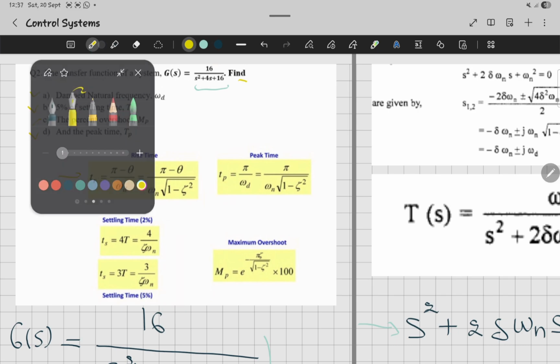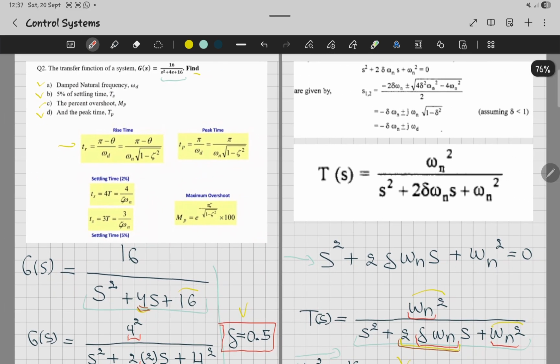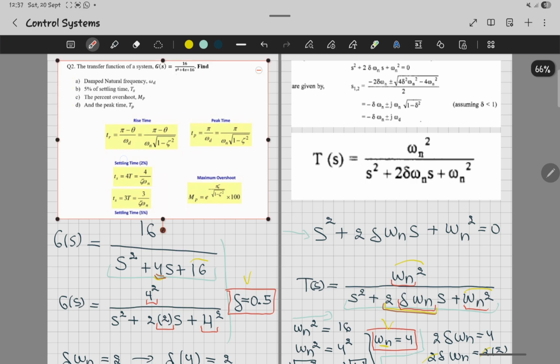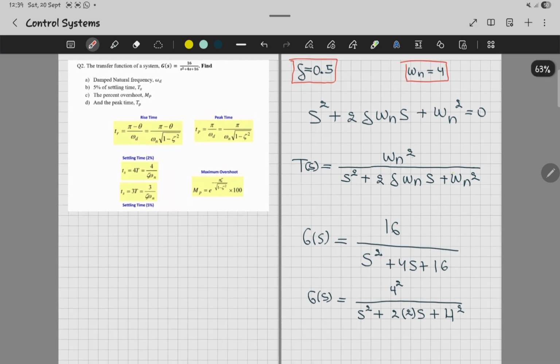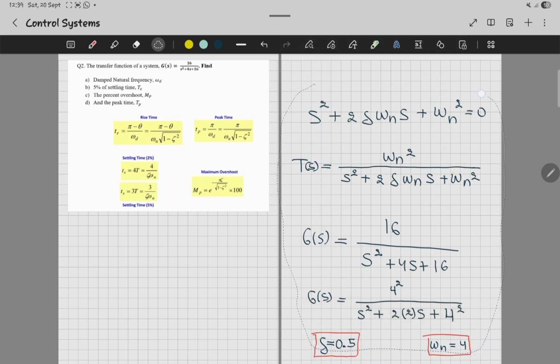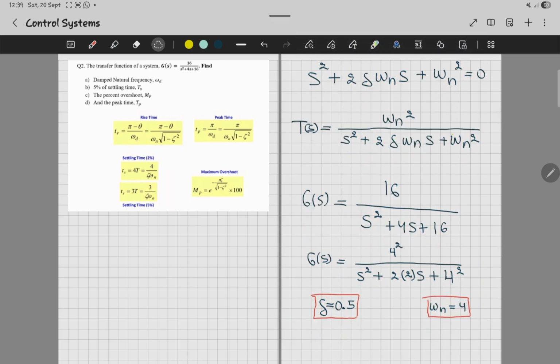Just to tell you which value you're going to have here, I'm going to copy this. So in summary, this is what we have worked out and obtained from the form that we had before. So we should be able now to solve all these questions.